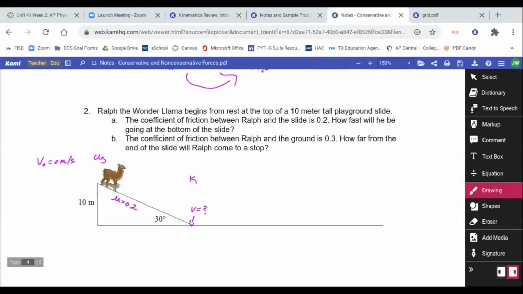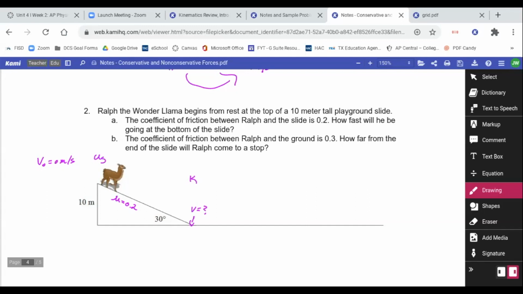If I can figure out what the change of energy is, I know kinetic energy is going from 0 to something. Let's hold on to that one. Kinetic energy initially is 0 because he's not moving at the top of the incline, but he is moving at the bottom. Work is a change of energy.